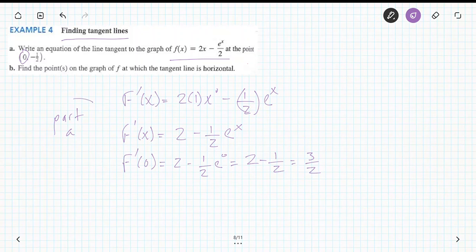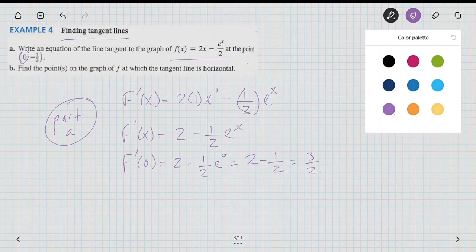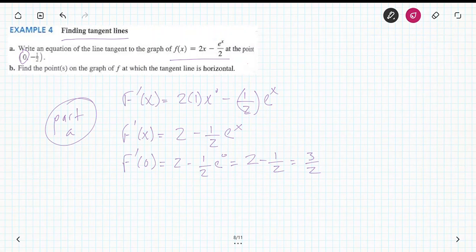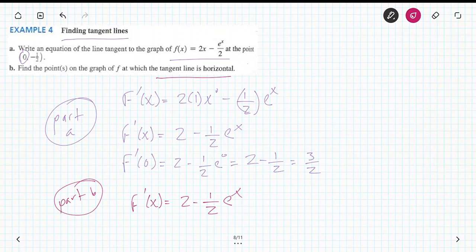Okay, and for part B, essentially this is what you're going to have to do. Let me write part B right here. For part B, f prime of x equals 2 minus 1/2 e to the x, and we want to find it when the tangent line is horizontal, which means that the derivative equals 0.